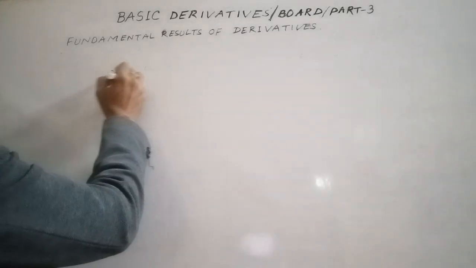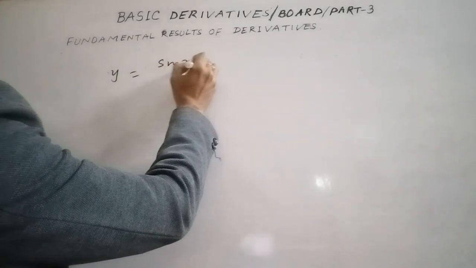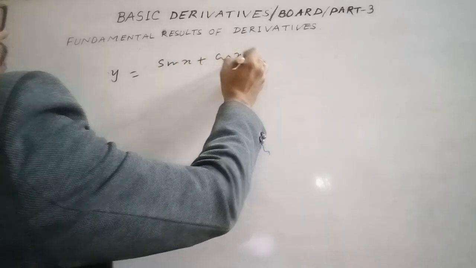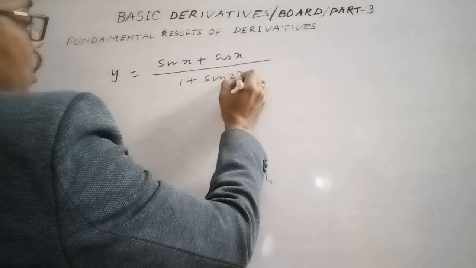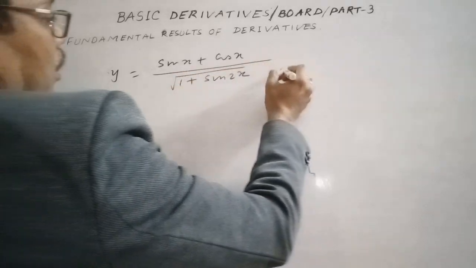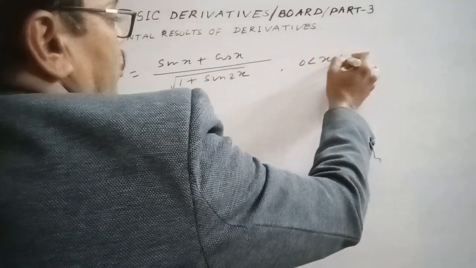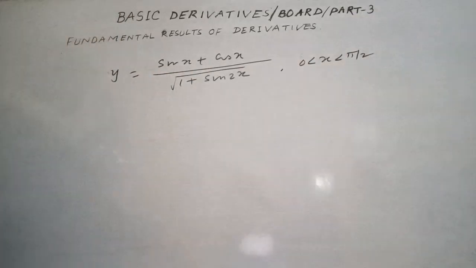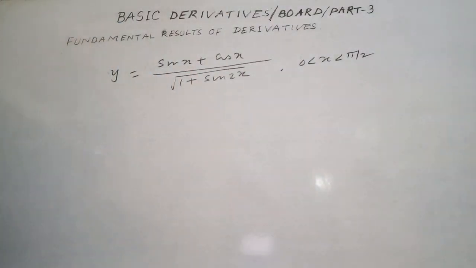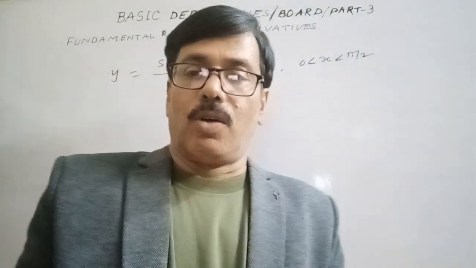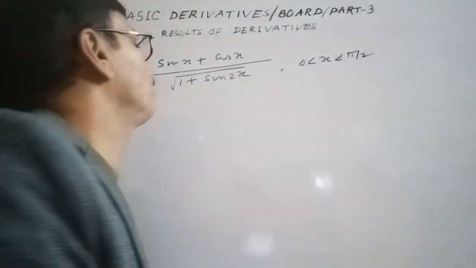Then y equals sin x plus cos x by root over 1 plus sin 2x, where 0 less than x less than pi by 2. Now, actually this is a trigonometric problem. So our main aim will be to simplify it.